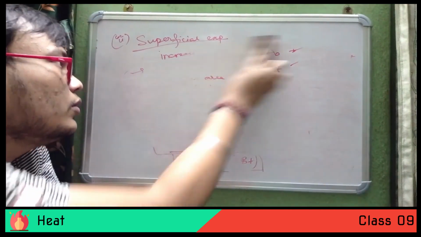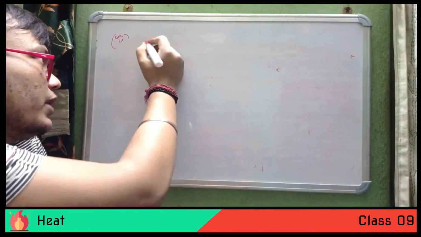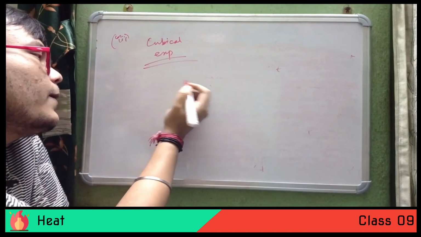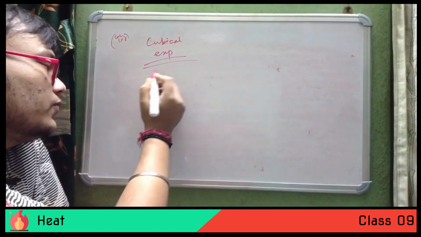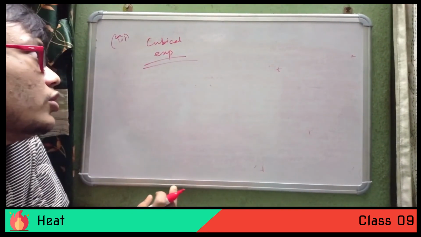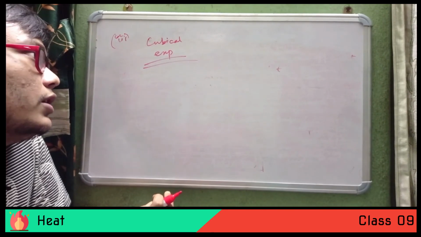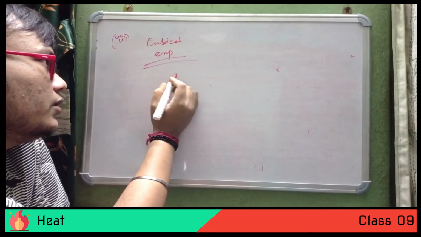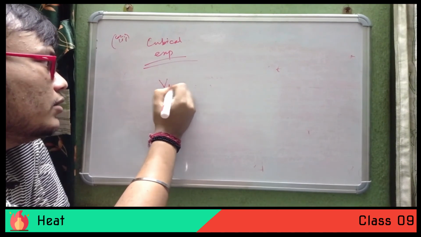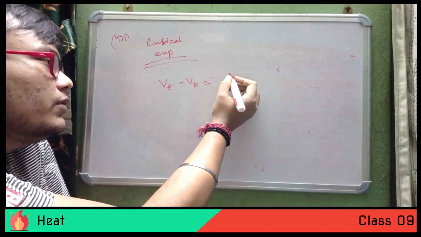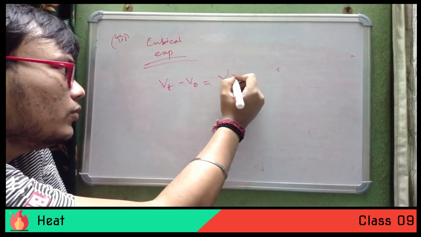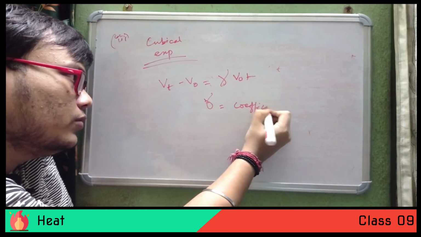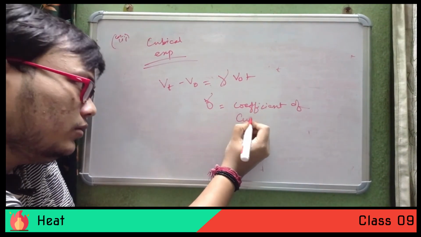Similarly, for cubical expansion, the factors will be the same as for linear expansion and superficial expansion, and the relation will be: the rise in volume, VT minus V0, equals gamma V0 T, where gamma is the coefficient of cubical expansion.